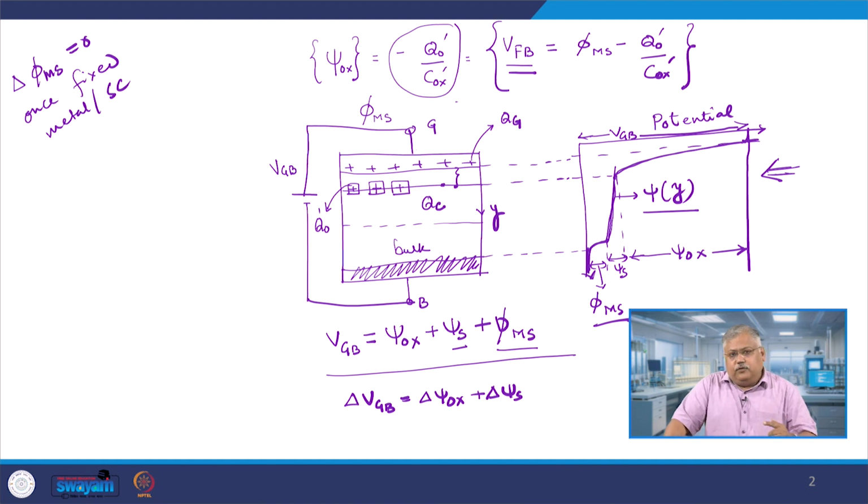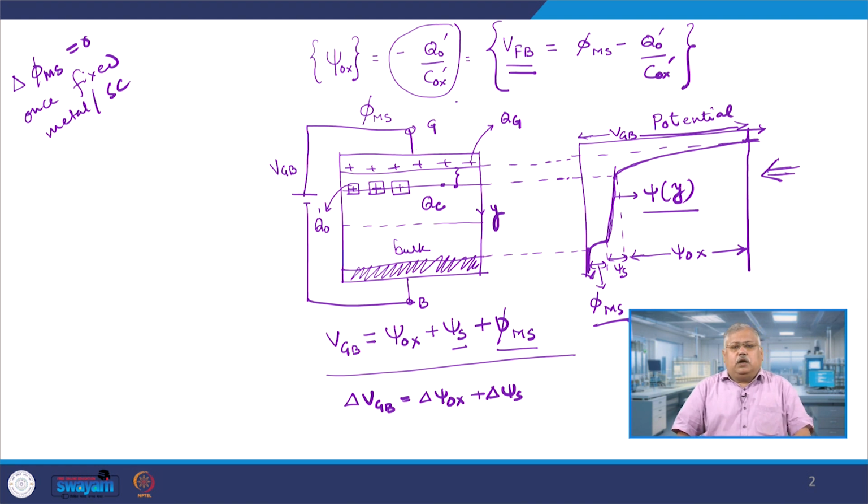Within the oxide layer you will see a small rise, not that rapid, in the voltage, and that is psi OX, quite a substantial amount because that is an oxide layer. Subsequently you will again see a rise, because it should reach the metal work function or the metal potential. Any potential I give on the gate voltage will be accounted for by the oxide change and the surface potential change.